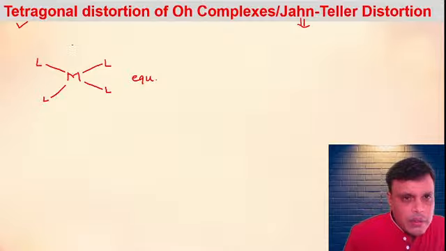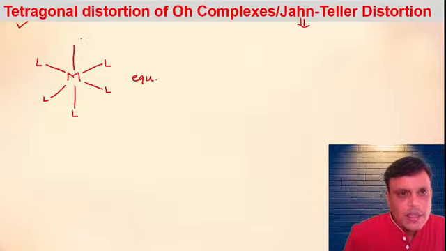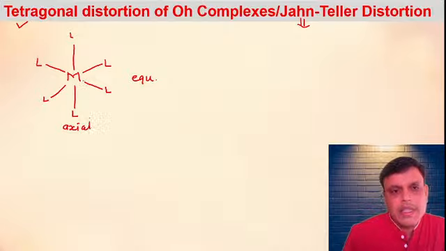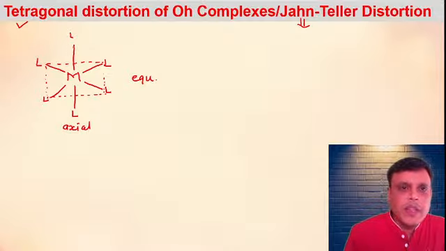And two ligands are called axial ligands. So this is a perfect octahedron. Perfect octahedron means all the bond lengths of these 6 ligands are the same.